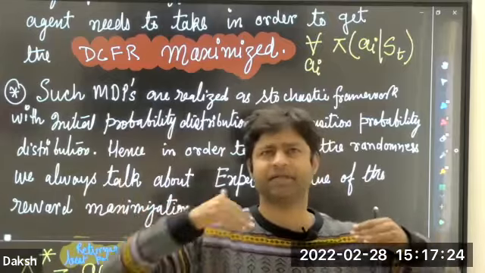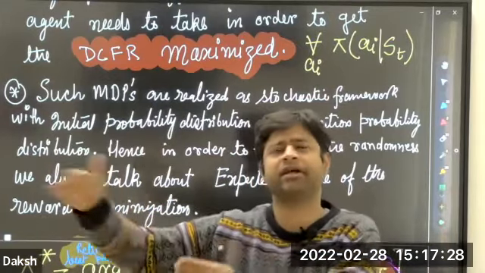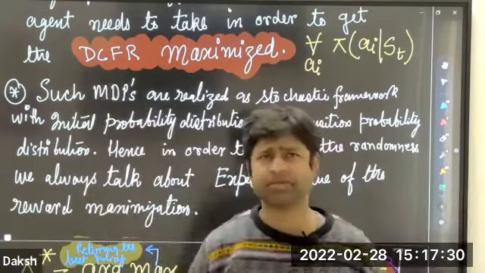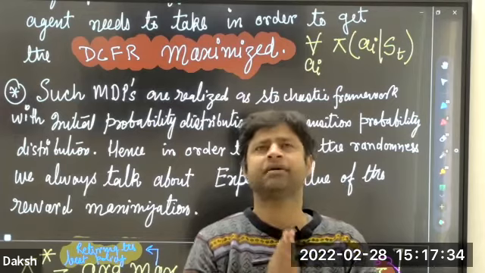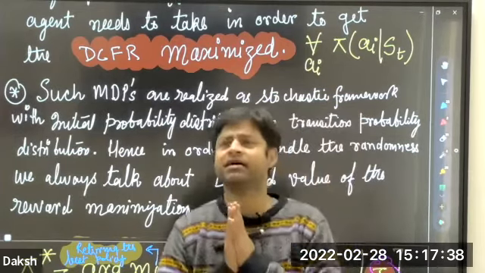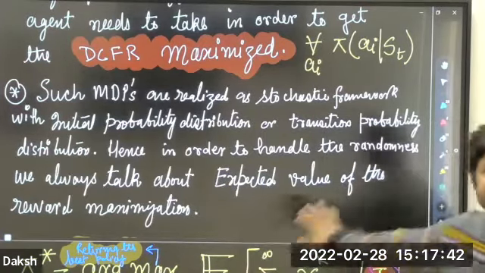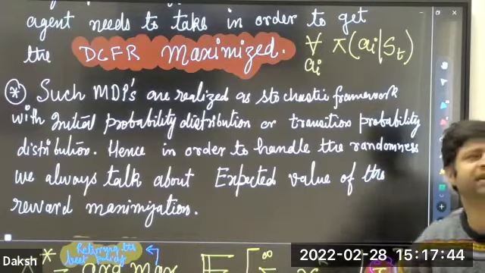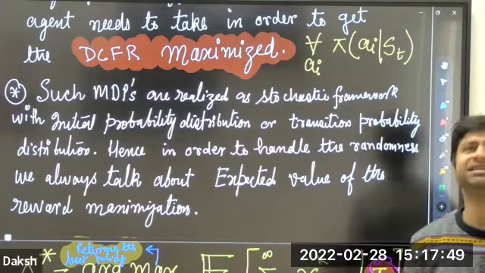In fact, then your episode gets finished, then you play another episode, then another episode. And for all these episodes, whatever DCFR you get, we need to let my pi learn in such a way that the expected value of my DCFR needs to be maximized.